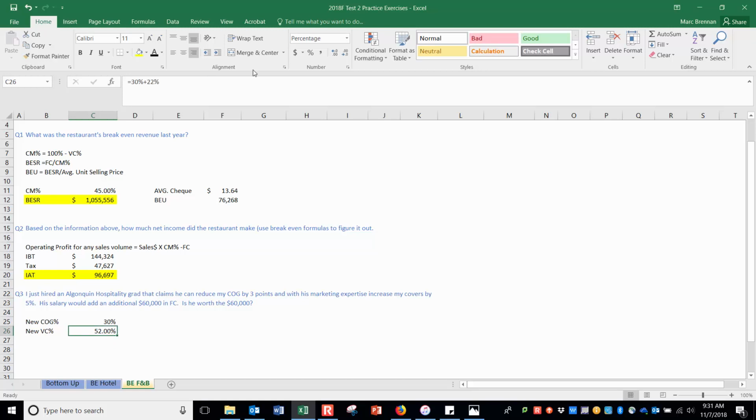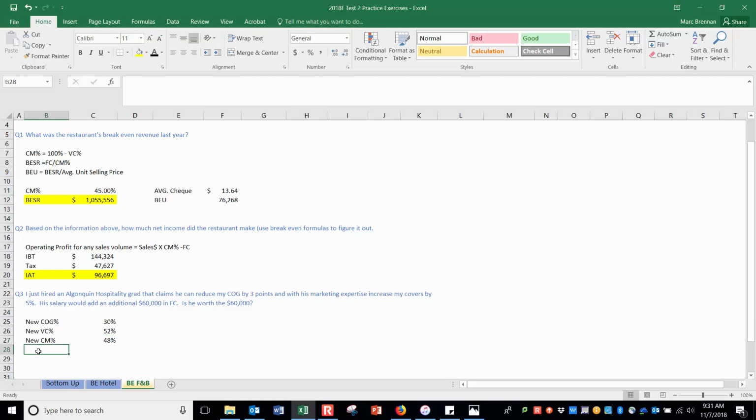So now my variable costs are 52%. Guess what that affects? That affects my contribution margin percentage, because it's 100% minus my variable cost percentage, which is now 52%. I now have 48%, where before it was 45%.